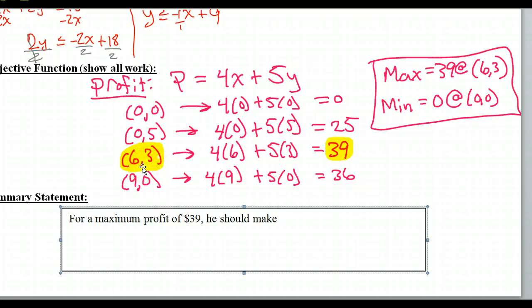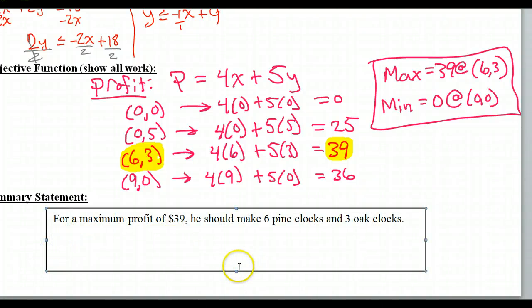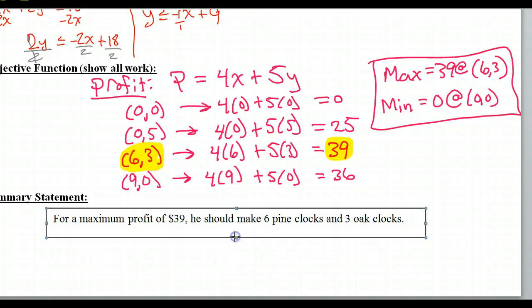So he should make 6 pine clocks and 3 oak clocks. Okay, make sure you make a nice summary statement at the end.